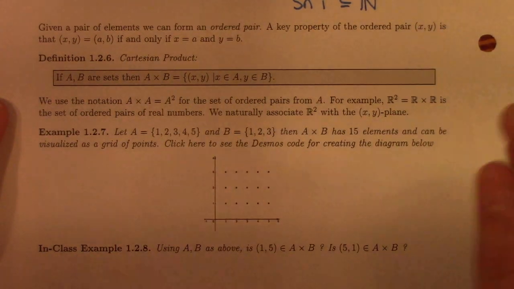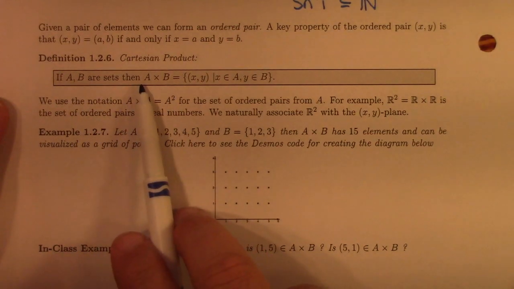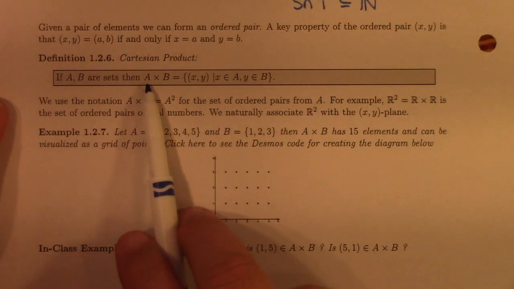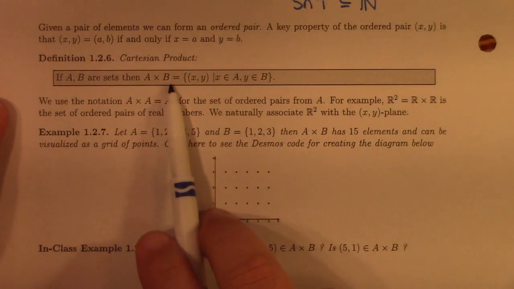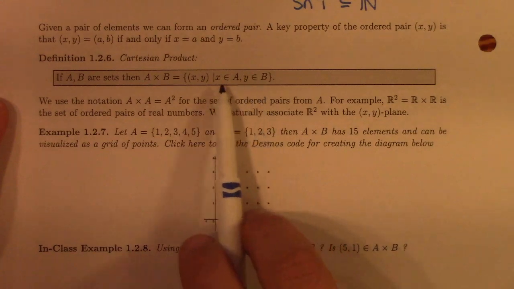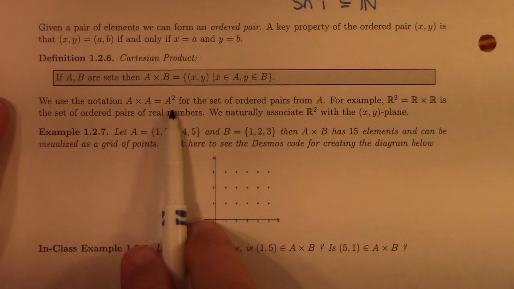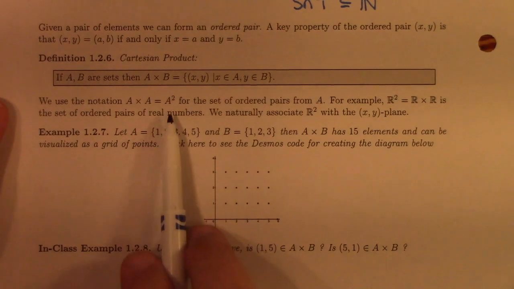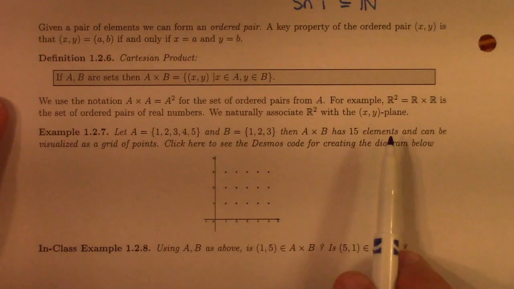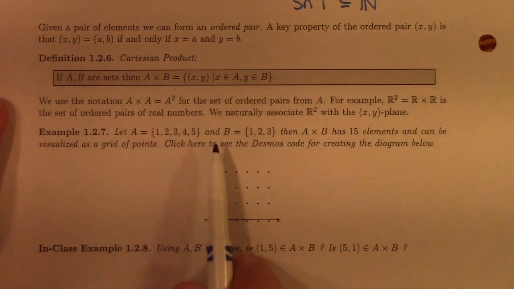If you have two sets, A and B, A cross B, or in other words, the Cartesian product of A and B, is the set of ordered pairs where x is taken from A and y is taken from B. We also use the notation A cross A is A squared for a set of ordered pairs. Most typical use of that would be like R2, which is R cross R. It's a set of ordered pairs of real numbers.